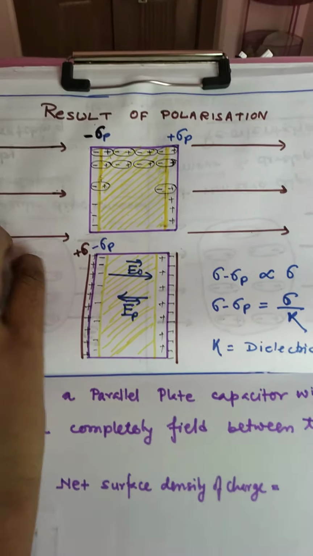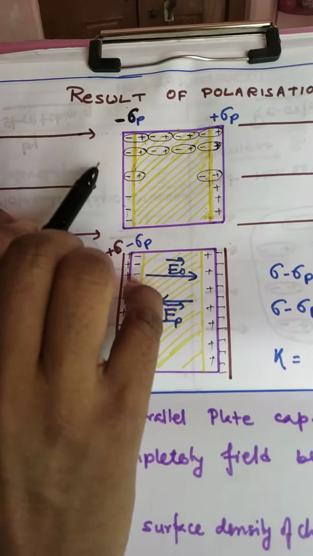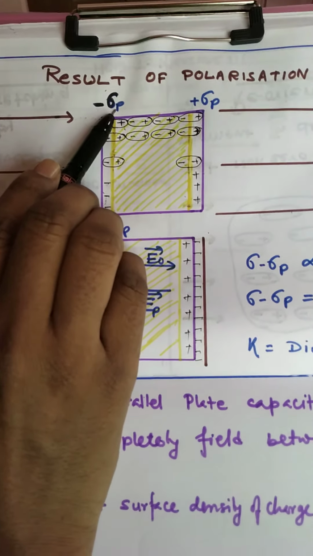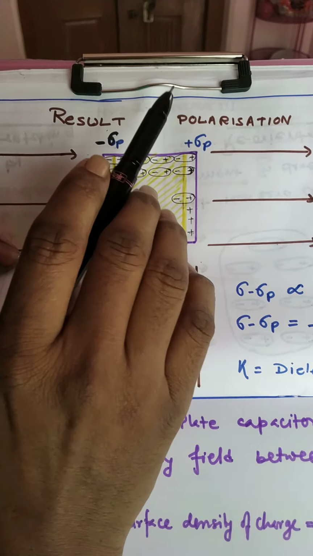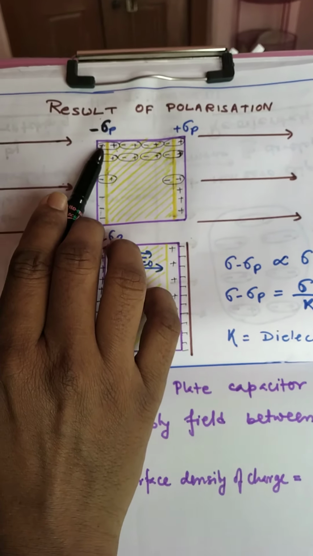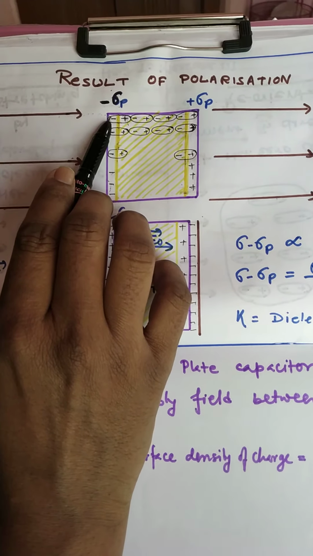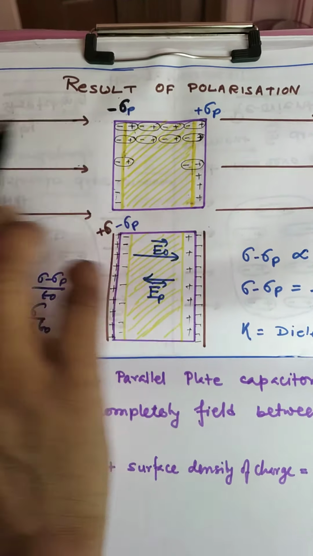So this deposition of negative charges on the surface, let the surface density be minus sigma p, and on the other side plus sigma p. So we can conclude this is the net result of polarization: a surface density of charge developed, negative on one side and positive on the other.